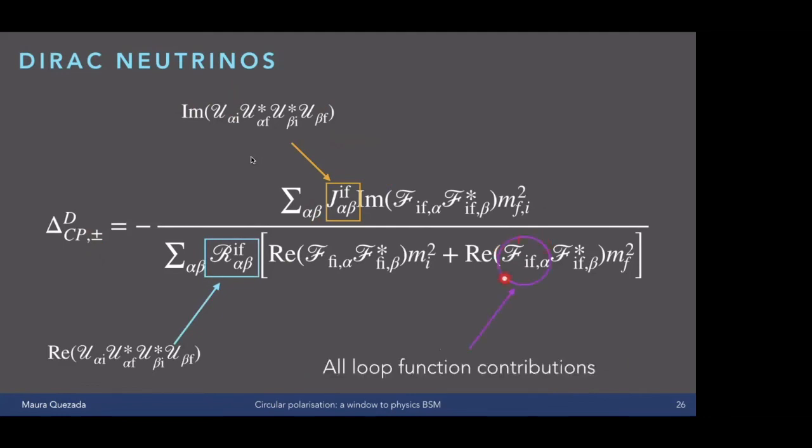These functions here are just all loop function contributions. It's just the addition of all 6 functions after being integrated, and also after requiring this CP violating condition that I said before.